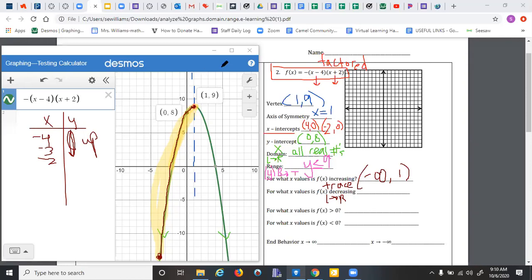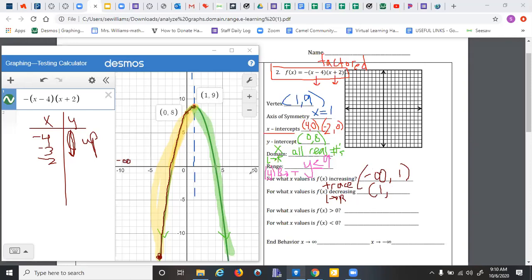All right, where is it decreasing? It is decreasing on the right side. What is your x value where it starts? 1. Yep. Does anybody know what it goes to? 1 to what? Negative infinity. All right, so I know this is confusing. Y'all are doing the best you can, especially when we're online.